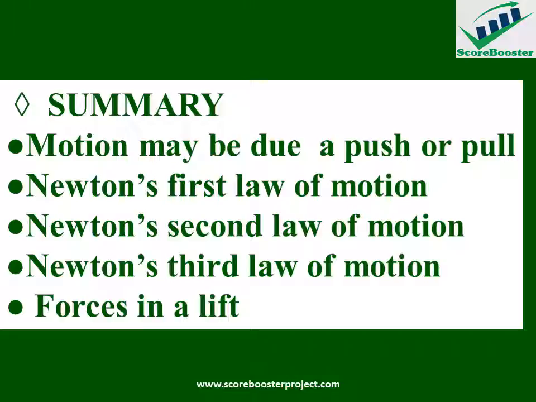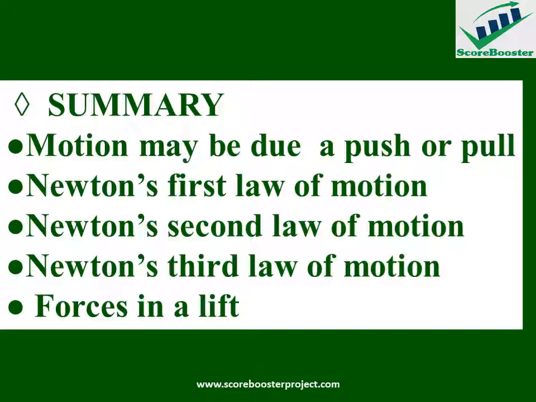After that, we proceeded to Newton's second law of motion, and we stated it as: the rate of change of momentum is directly proportional to the applied force. From there, we were able to get the derivation for the formula of force, that force equals mass times acceleration.